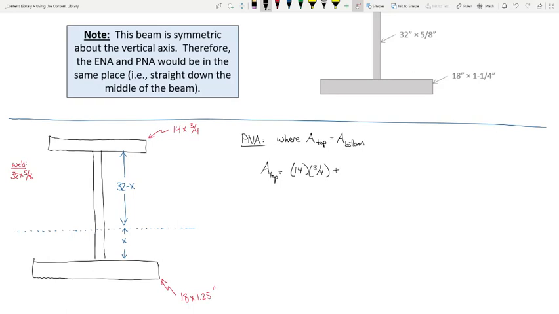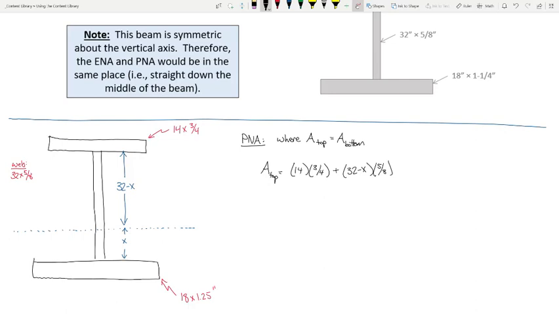Now, the area of this is 14 by 3/4. What is the area of this component right here? Okay, but now we got to make sure we're grouping things appropriately. So it's 32 minus x times 5/8, right?